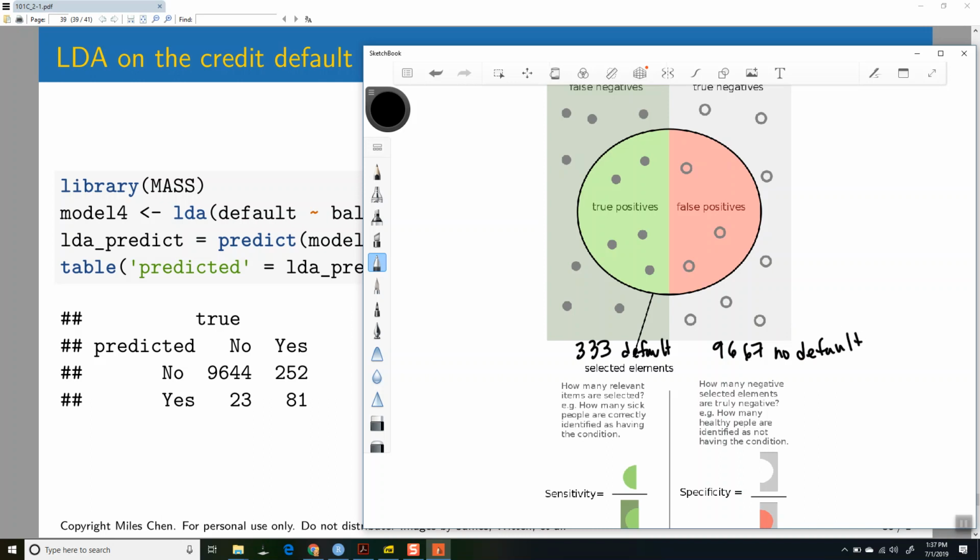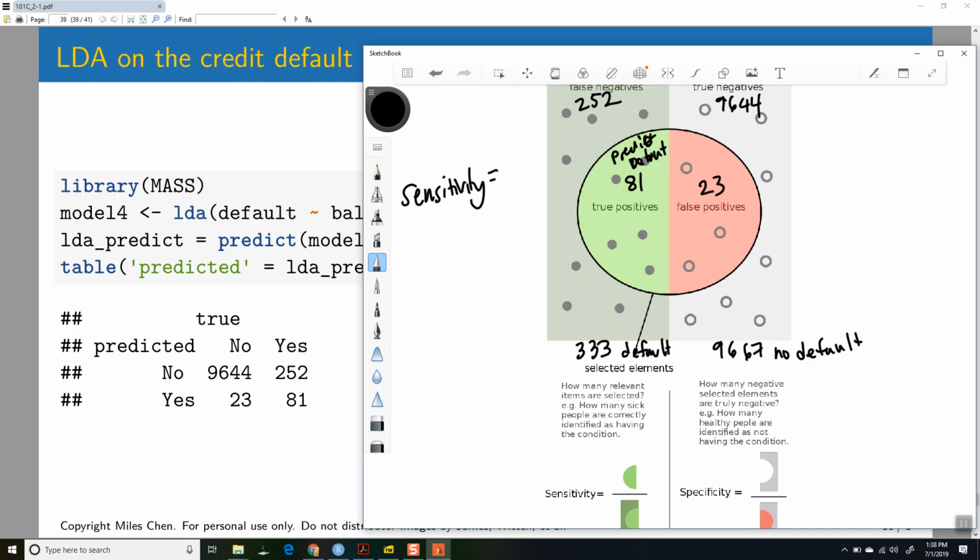And then here we have 81 predict yes, predict default. And that means we have 252 that were not predicted. True negatives, here we have 9,644, and then here we predicted 23, okay?